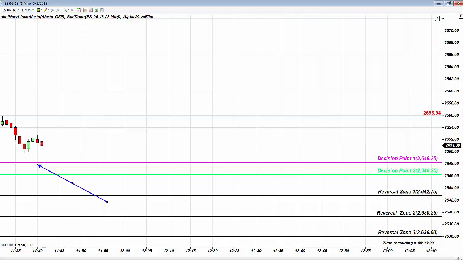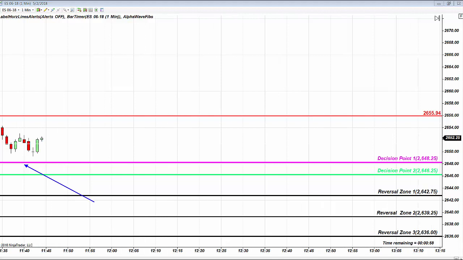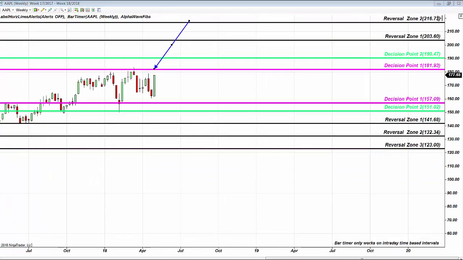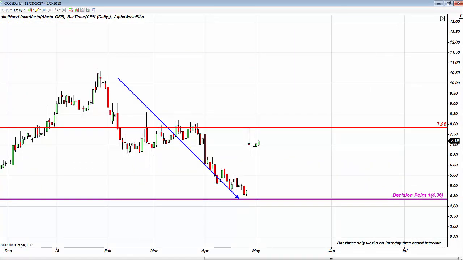Key moment on S&P. 1 minute to go, traders. S&P holding this support once again, just like Apple, just like CRK, just like Ferrari doing as key resistance.